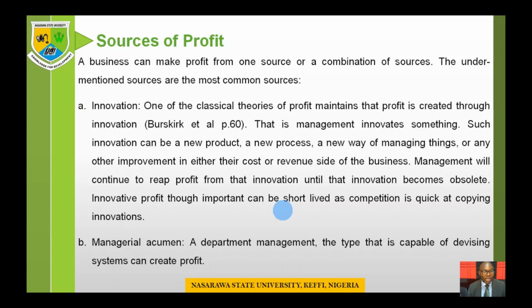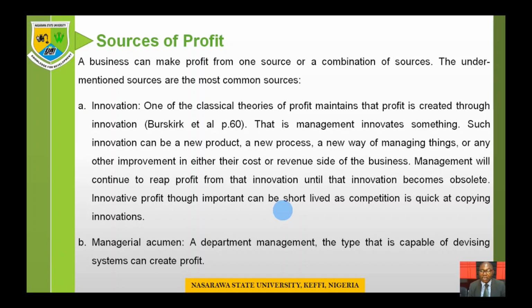One, or A, innovation. One of the classical theories of profit maintains that profit is created through innovation. That is, if you innovate anything, you are bound to be the one that will benefit from the output of that innovation in terms of profitability.